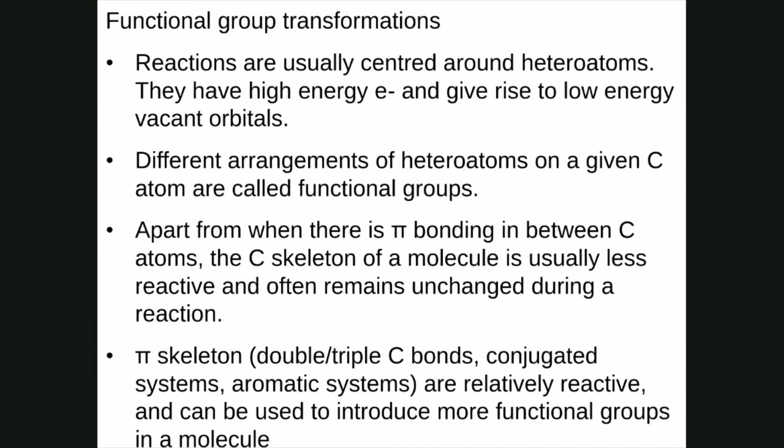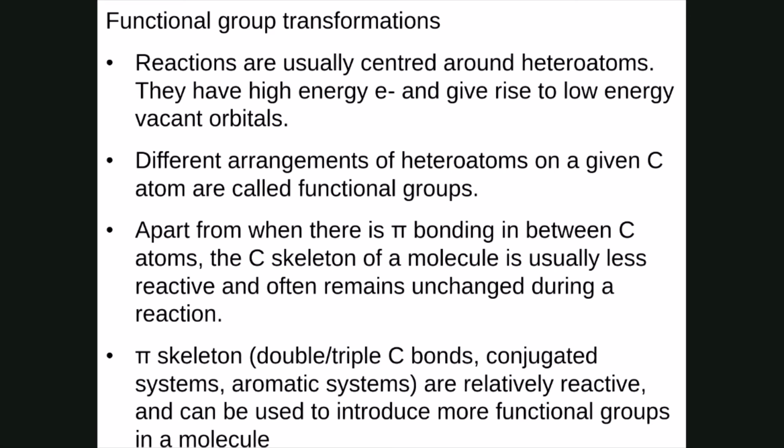So, a brief summary of some of the things that we have looked at. In the first part of the video we looked at functional groups and the presence of heteroatoms, and how the type and number of heteroatoms determine the behavior of the organic compound.